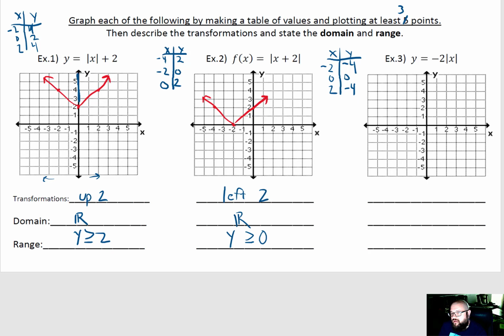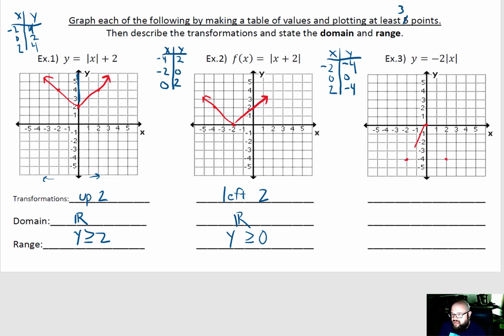Well, our vertex is still at 0, 0. We went to negative 2, and we went down 4 this time instead of up. And on positive 2, we went down 4 as well.